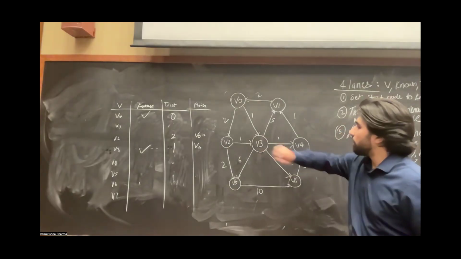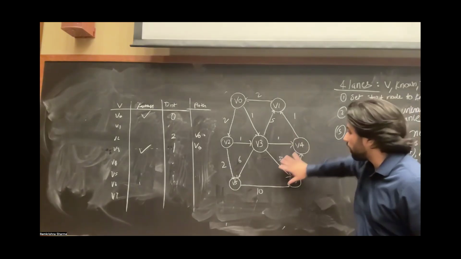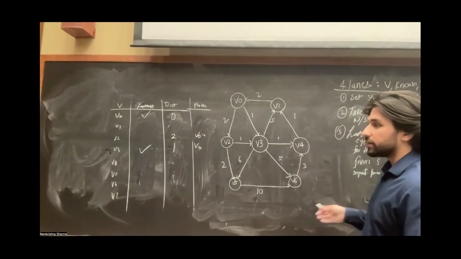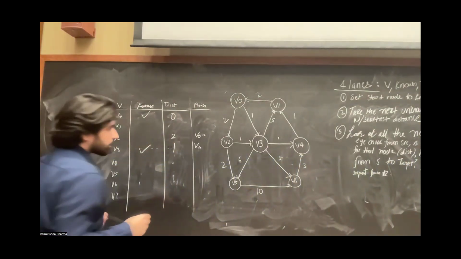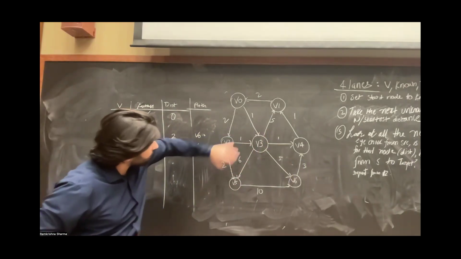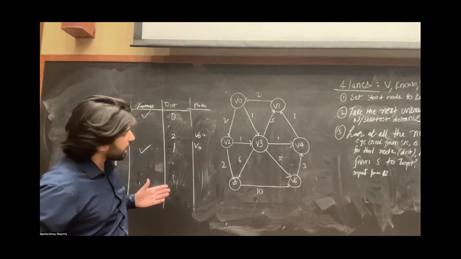So now we're on V3, processing V3. We look at all its neighbors, things that emanate from it, and record their distances from the source. We see that it goes to V6, V5, and V4.